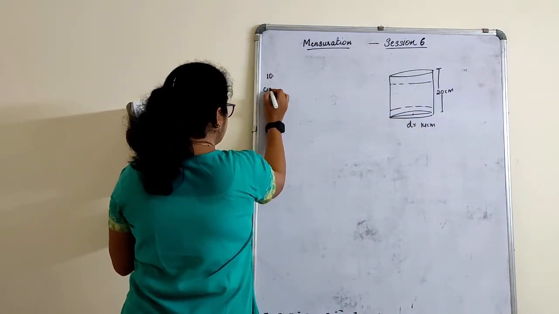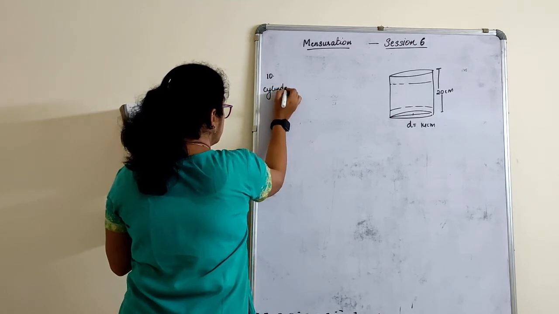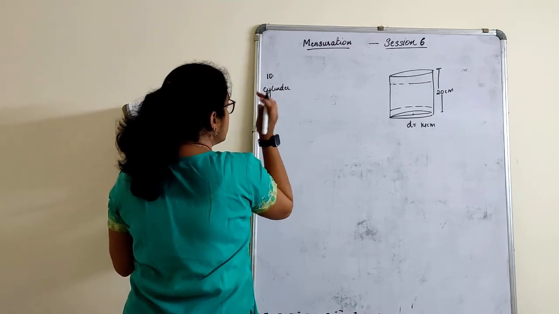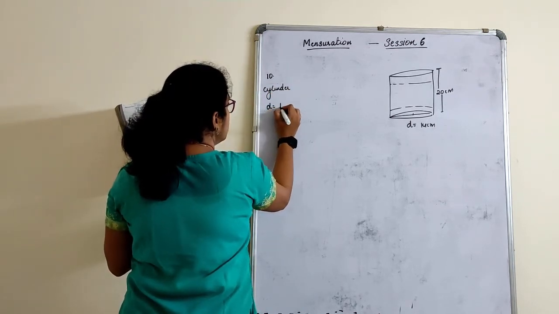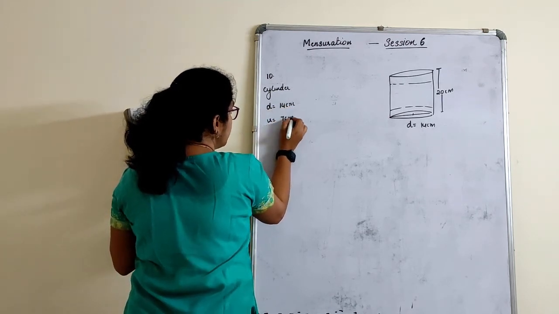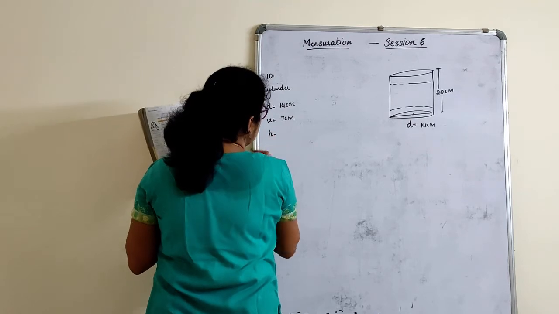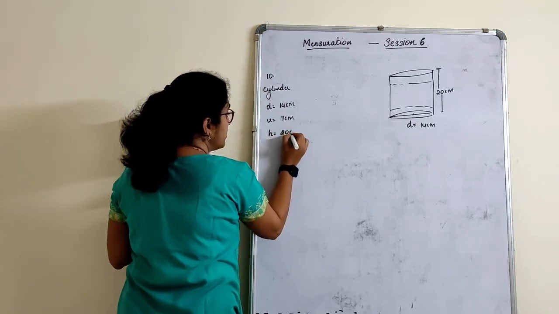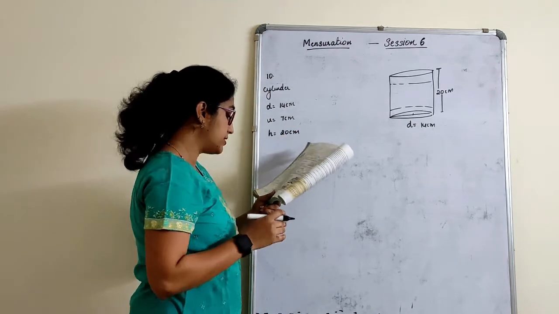It's a cylinder. That means diameter is equal to 14 centimeter, so radius is equal to 7 centimeter. Height is equal to how much, children? 20 centimeter. Keep this much as it is.